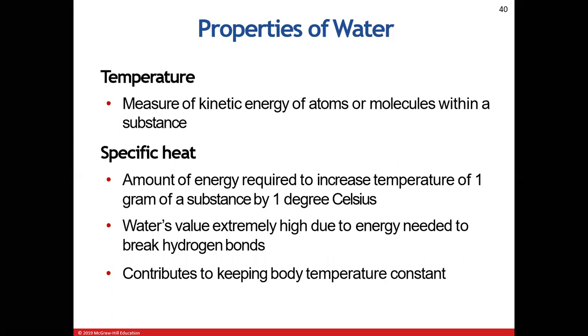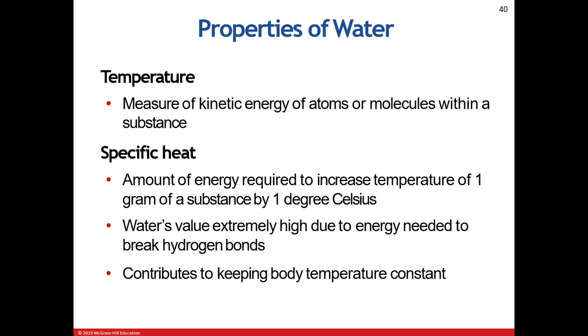We also have particular temperature. So we measure the kinetic energy of atoms or molecules within a substance, but the principle of temperature is that when we look at water, it's actually hard to change the temperature of. So it helps to maintain a specific body temperature or helps to regulate certain things within the body.